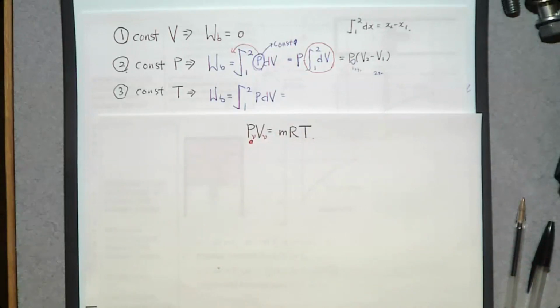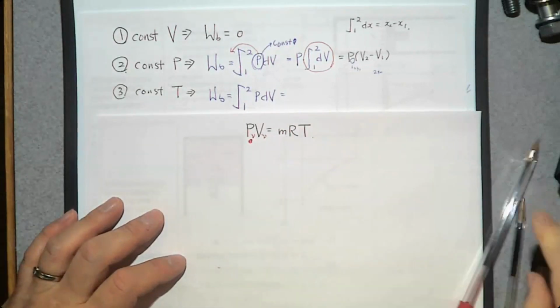What about mass? We're talking about a closed system. What is the definition of a closed system? The definition of a closed system is that the mass does not change. So it is a constant.